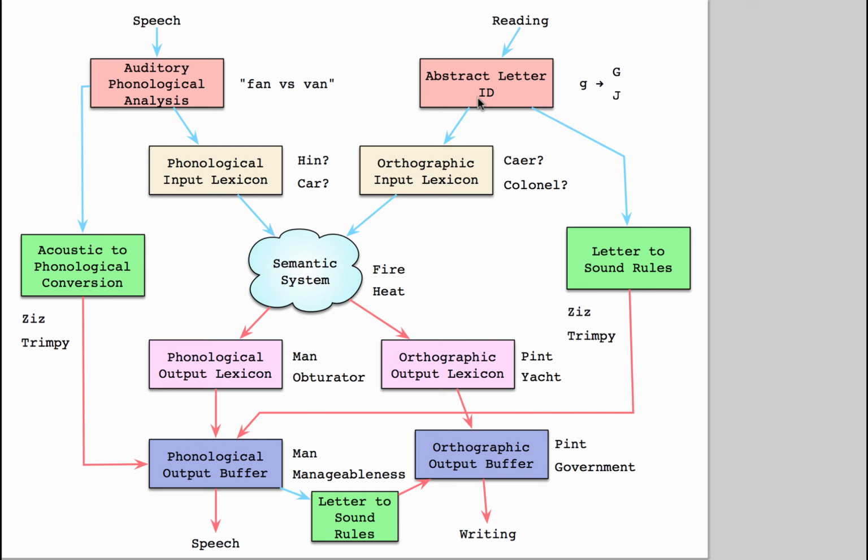One thing about this orthographic input lexicon is that it also reflects the fact that we have two routes for reading, right? When we learn to read, we do what we would call grapheme to phoneme conversion. A grapheme is a letter that represents a sound in the English language.